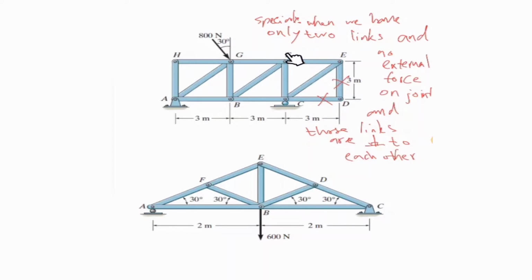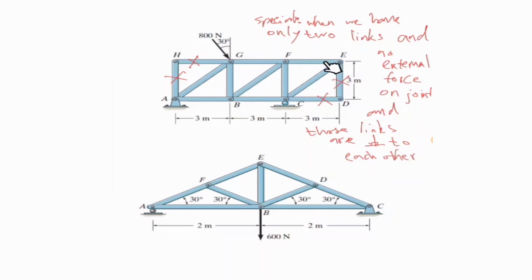The same story for F, and the same story for G, but here we have H as well. H has the same condition of D, and it should be a zero force member, and these two are zero. Okay, let's get back to E and see what is happening in E.